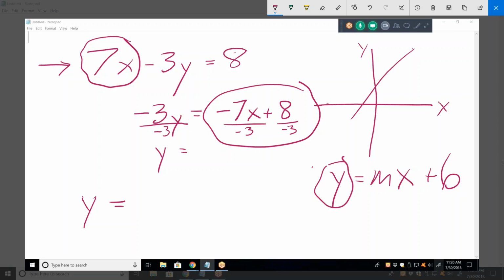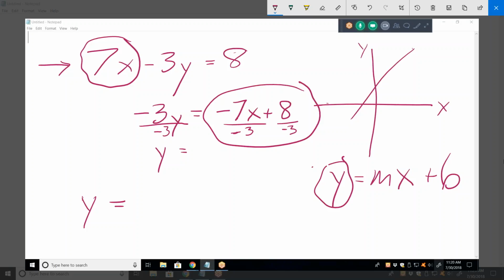What's that give me? y equals what? Leave it in fraction. Don't convert it to a mixed number. y equals negative 7/3. No, do the sign first. Whether you're doing multiplication or division, give me the sign first.